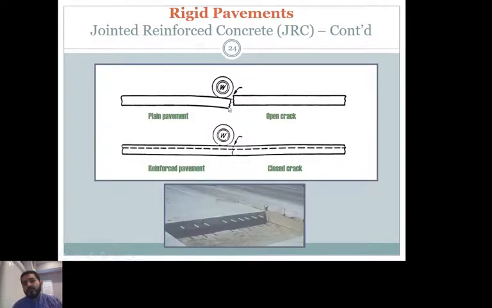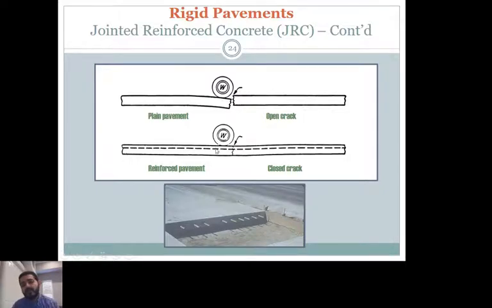The jointed reinforced concrete, again, the whole concept of having reinforcement, as you can see here, is to have a better load transfer. So if I have a plain concrete and there's an open crack, this is the wheel, one of the wheels of any vehicle. If I'm getting closer to that crack, what happens is this slab, which is the loaded slab, is going to feel the entire amount of this load. And what happens, the water can get into here and it's going to pump up all the fine materials to the surface.